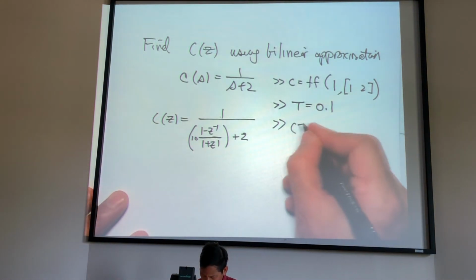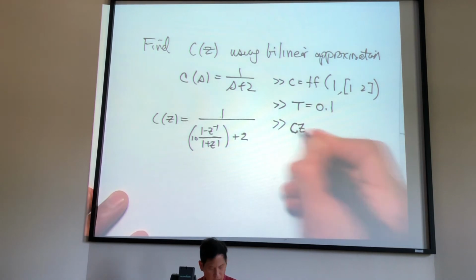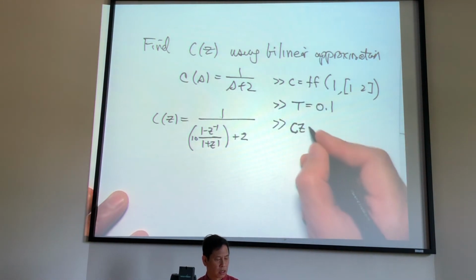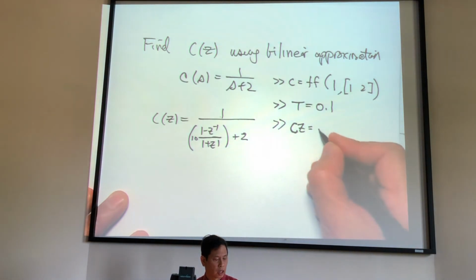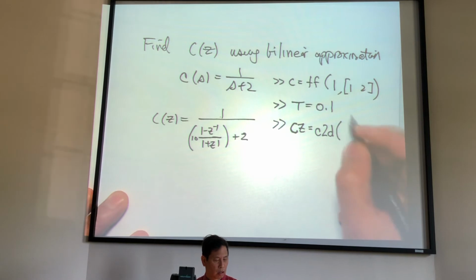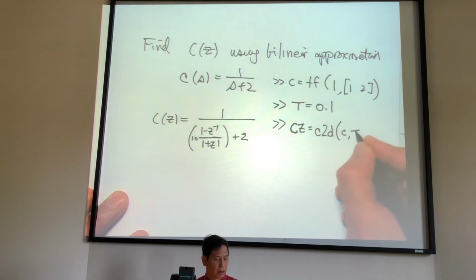So we want C of Z. This is CZ now. This is C of S. This is CZ. What is CZ? It is a continuous to discrete conversion, C to D. I'm going to convert C using this sample period T, and I'm going to use the Tustin approximation.